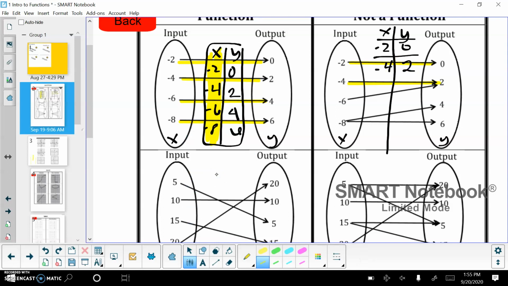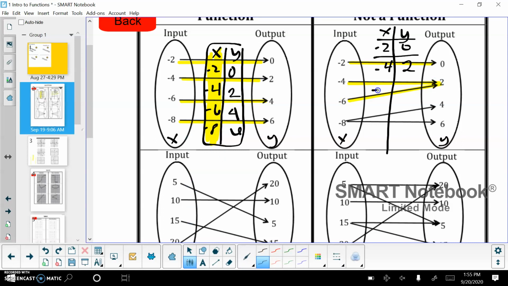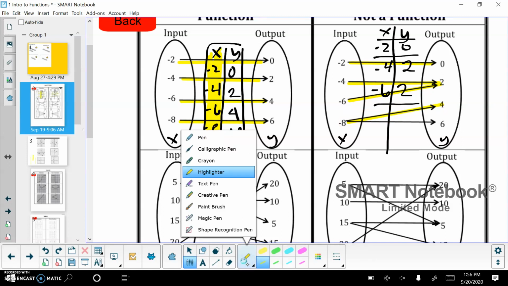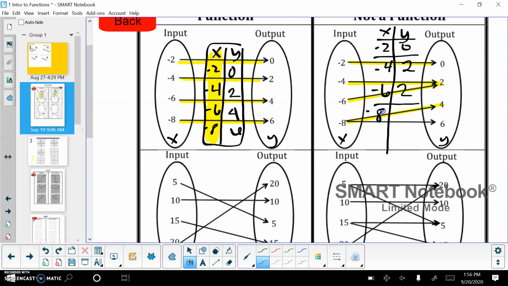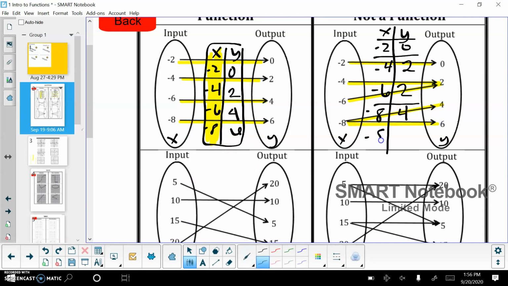And then on the next one, the -6 is also going to the 2. And then on the next one, the -8 is going to the 4. But the -8 has two arrows coming out of it, so I've got to do one for the last arrow. And that one's the -8 going to the 6.